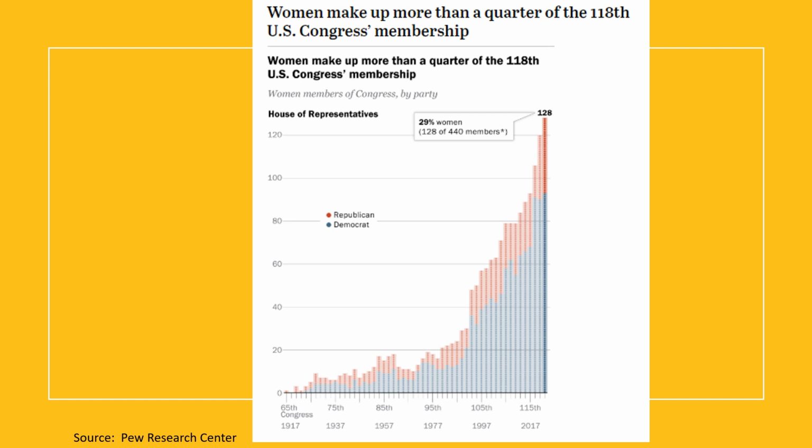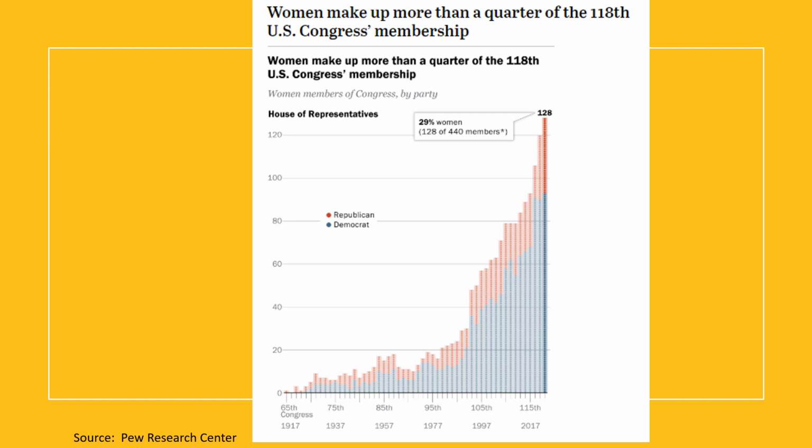And here we see that over time, there have been far more women securing seats in the U.S. House of Representatives as Democrats compared to Republicans. The Democrats are the blue bars that we see, and the Republicans are the red bars.